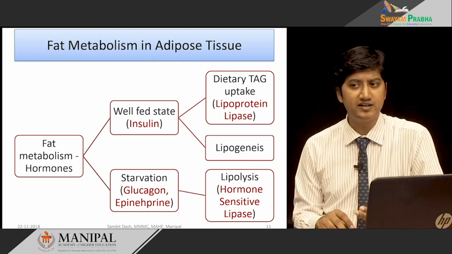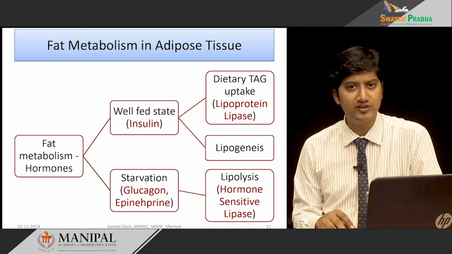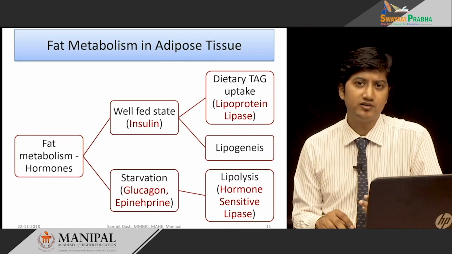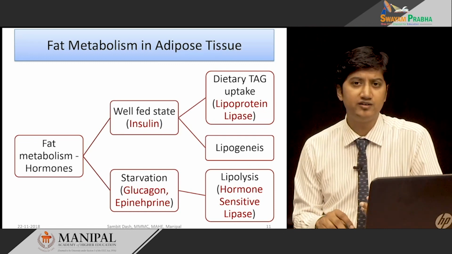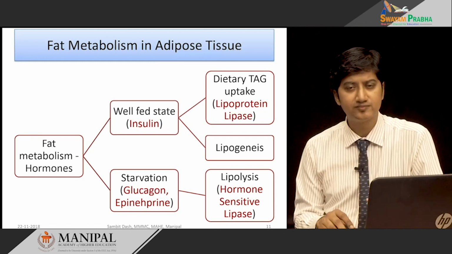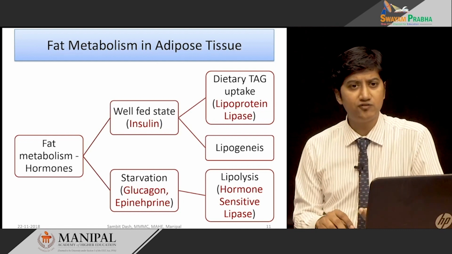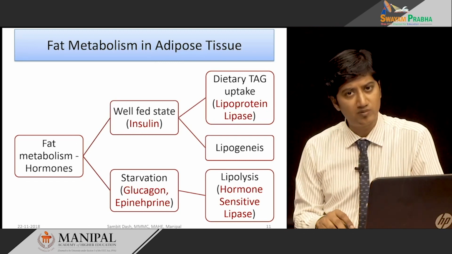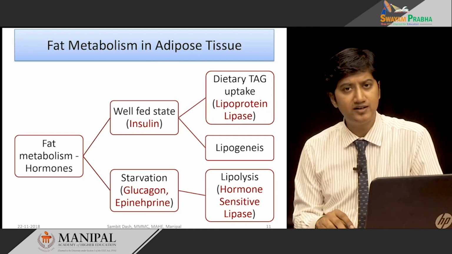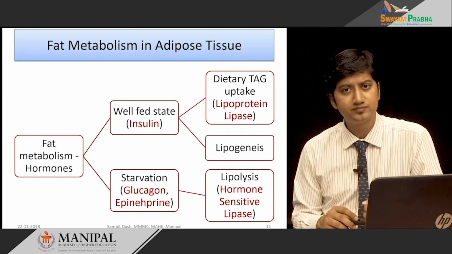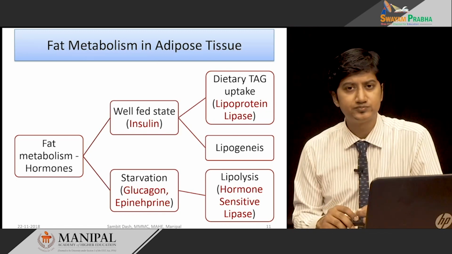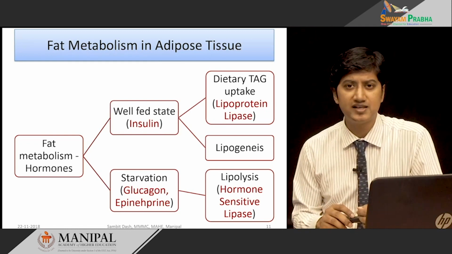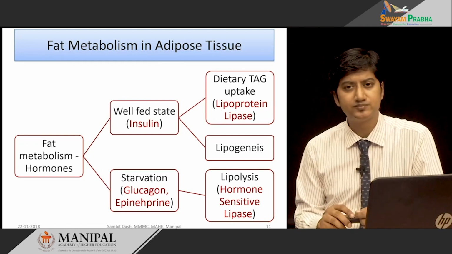To quickly summarize, insulin levels are high in a well-fed state when we have eaten food. Glucagon, epinephrine, these hormones are high when we are in a starvation state. Under the influence of insulin, the triacylglycerol from chylomicron and VLDL is taken up by the adipose tissue, and this happens by activation of this important enzyme lipoprotein lipase.